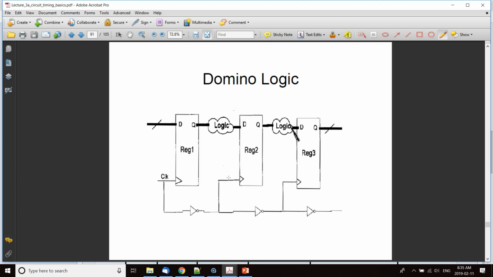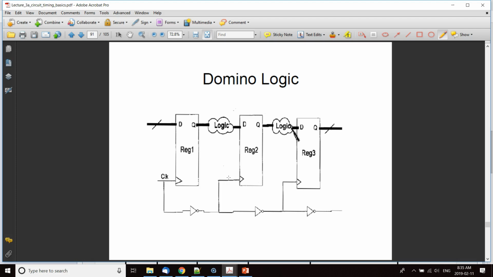Here we've got reg 1 changing, and here we've got reg 2 changing. So reg 1 and reg 3, and this is reg 2, reg 4, etc. Here the data in the Q of reg 1 changes.